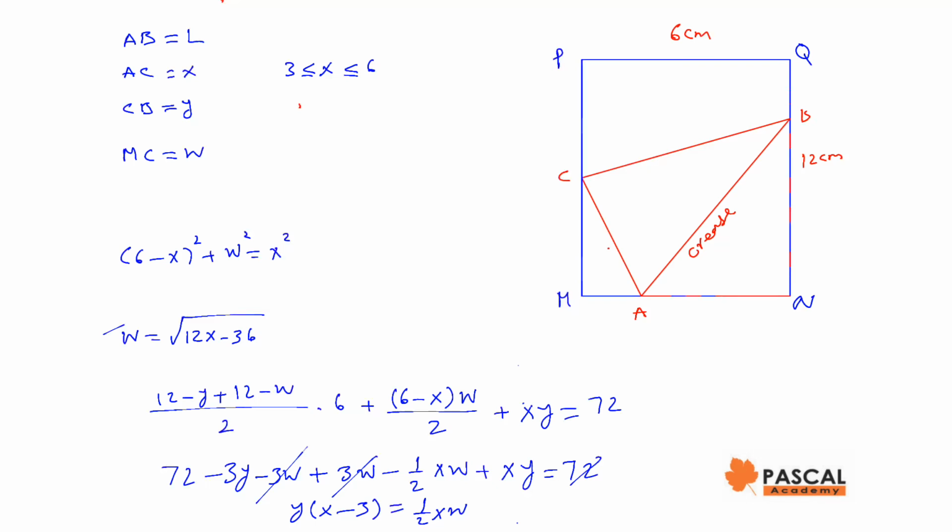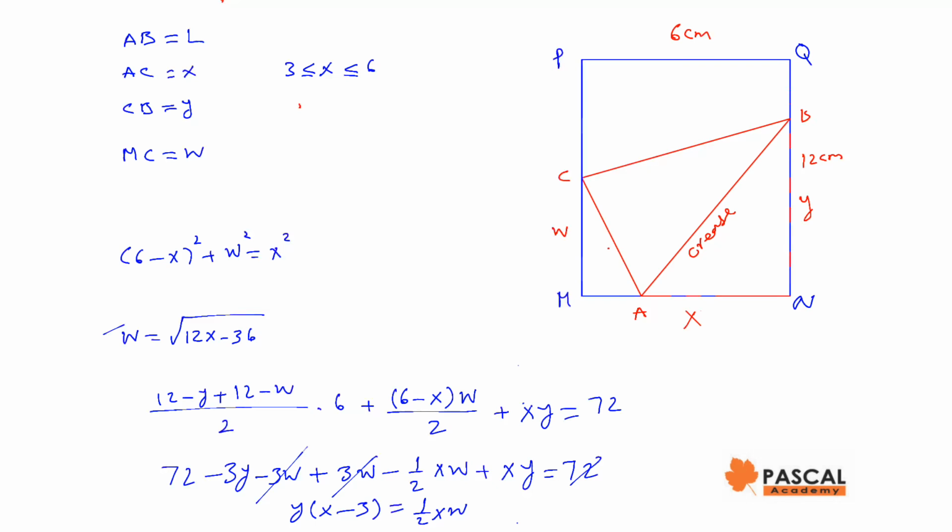Let's assume AN is X, BN is Y, and MC is W in this diagram.